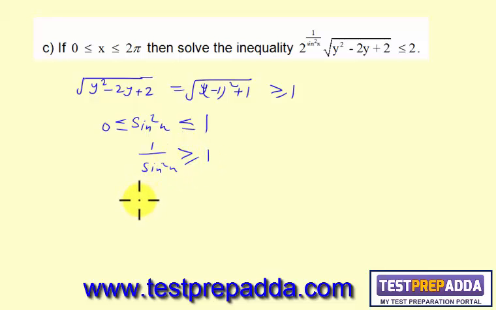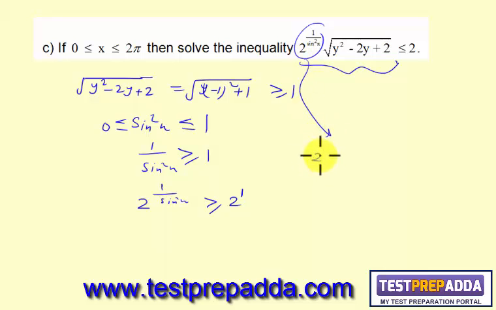So if I ask you 2 to the power 1/sin²x, what will you say? Greater than or equal to 2 to the power 1. Got it? So if you look at this LHS part, this part says greater than or equal to 2 to the power 1.